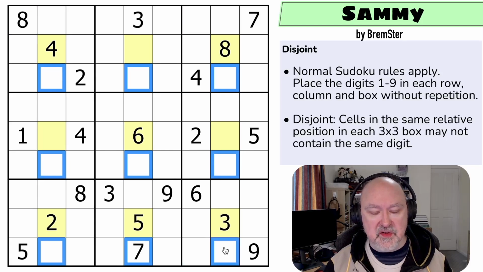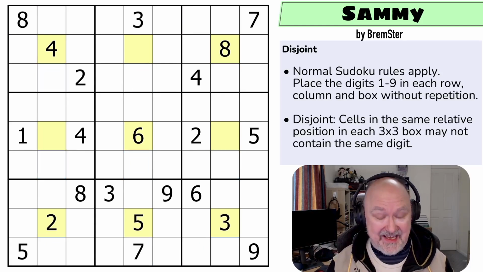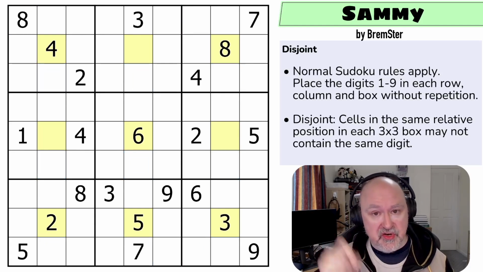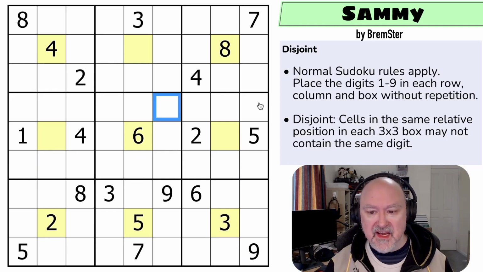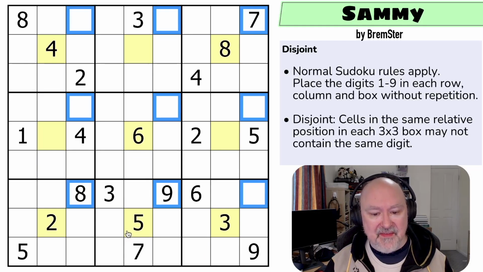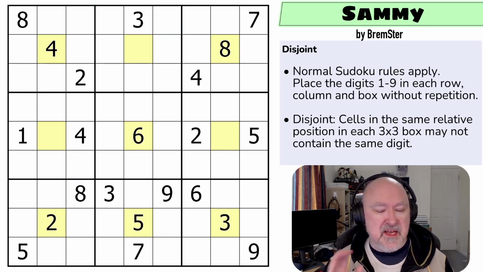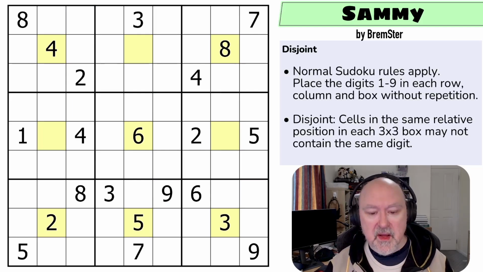It gives me a visual cue for scanning, because one of the big problems with disjoint is that you're not just scanning your rows, columns and boxes, but also these cells, to see if there are any repeats. That's a little tricky, so I find this helps. It doesn't always help, and you'll see as I'm solving that I will still miss stuff, but it does help.